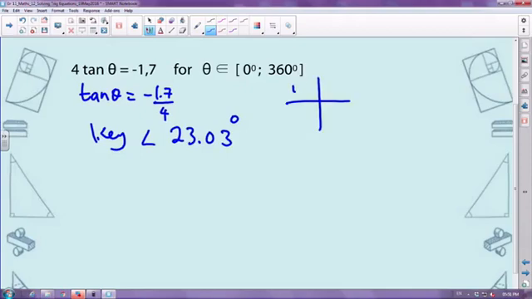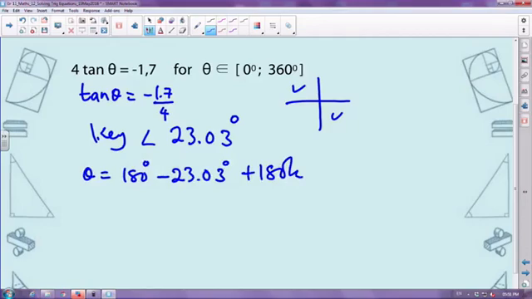And where is tan negative? It's negative in the second and fourth, right? You'll notice that when you've done your general solution, your tan is going to give you the same values, but just to be on the safe side, use both. Okay, so you'll have your theta is 180 degrees minus 23.03 plus 180 degrees, your period of tan, and then your k is an element of any integer.